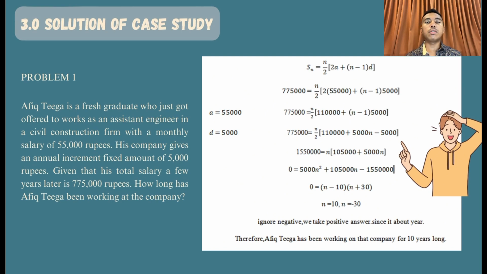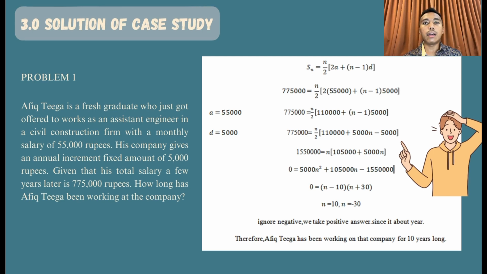After analyzing the problem, the formula that we need to use is formula number 1 of arithmetic progression. As we know, S value is 775k rupees, A value is 55k rupees, and D value is 5k rupees. After we know all the values, we insert them into the formula and simplify it.